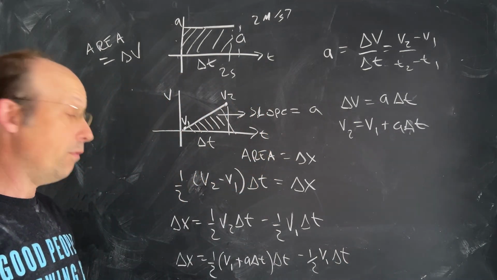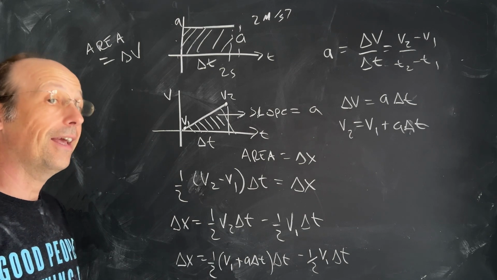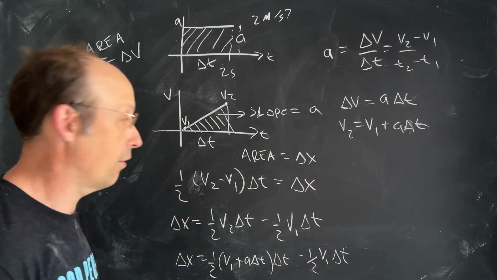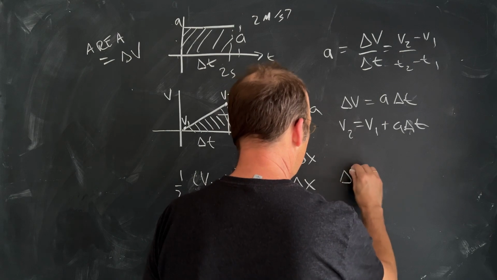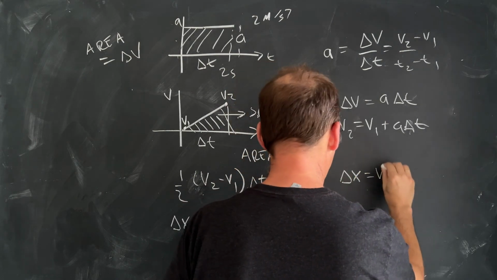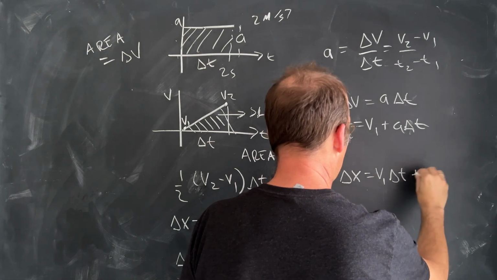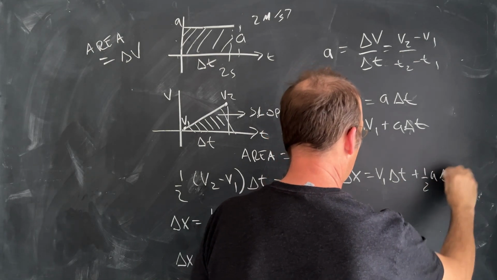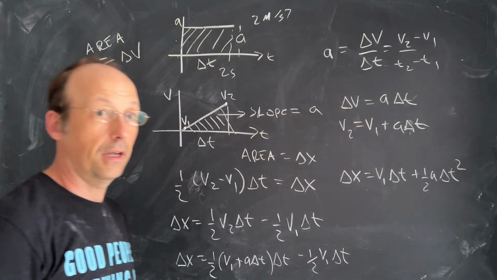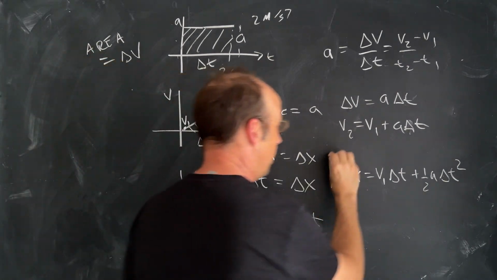And if you multiply everything out, you know what you get? You should do this on your own. I've already done it in another video. I get delta x is v1 delta t plus 1/2 a delta t squared. That is the kinematic equation.